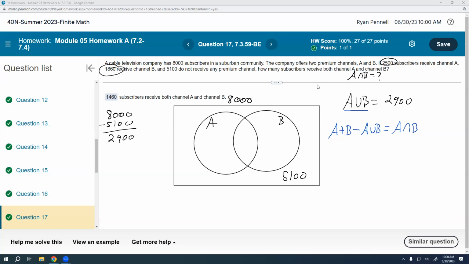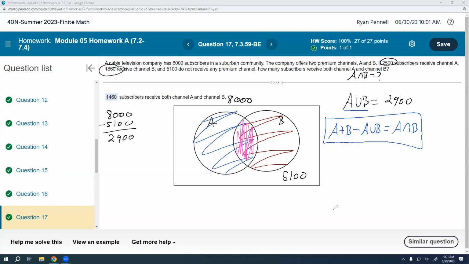So if I added all of A and then all of B, how much did I overcount by? The intersection. But if I took away the union, what would be left would be what I want. So this is an important formula for us, and we can see that it is true.